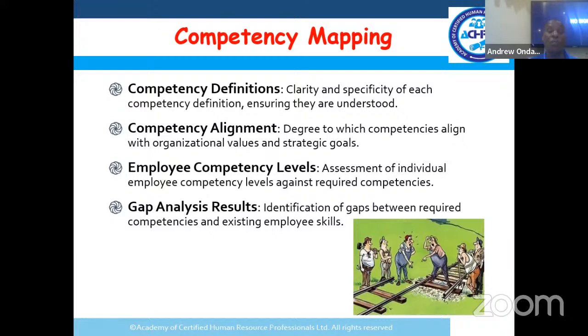These are two ways in which we identify competency gaps. I repeat, one is through training, where you conduct a training needs analysis to identify a training gap, and two, performance appraisals, where you are going to identify performance gaps attributed to lack of skills and knowledge.